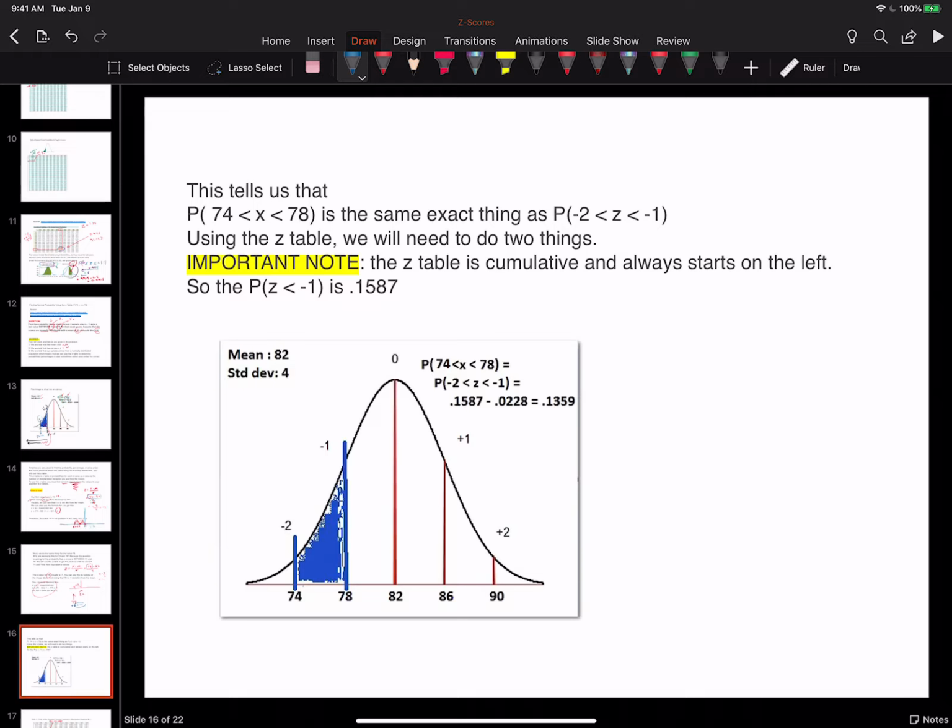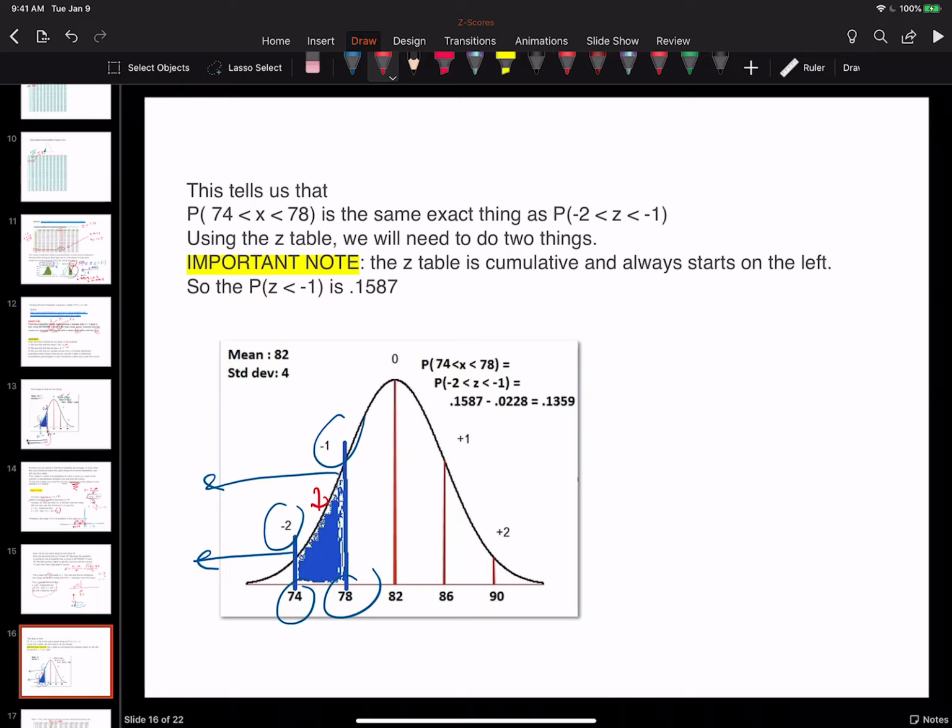As I said, I showed you the graph earlier because I want you to see that 78 means a z value of -1, and 74 means a z value of -2. You read this from the table, all the way to the left. You read this from the table, subtract them to get what's in between. They're showing you more detail here.